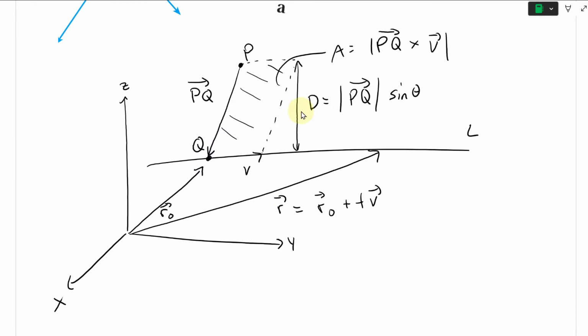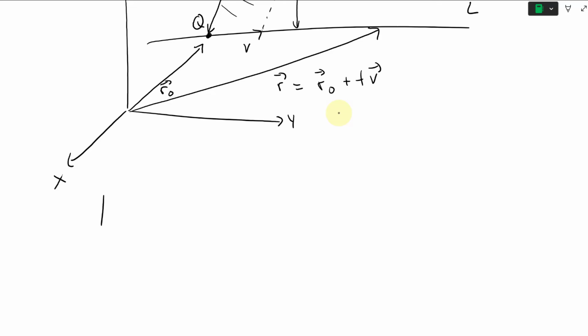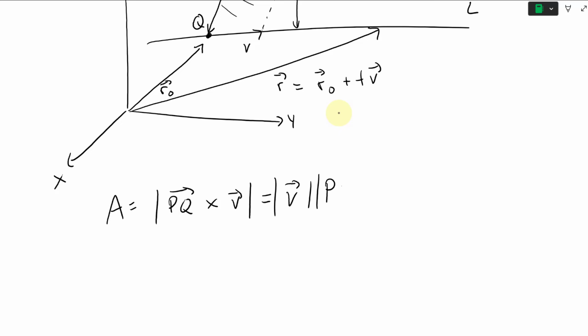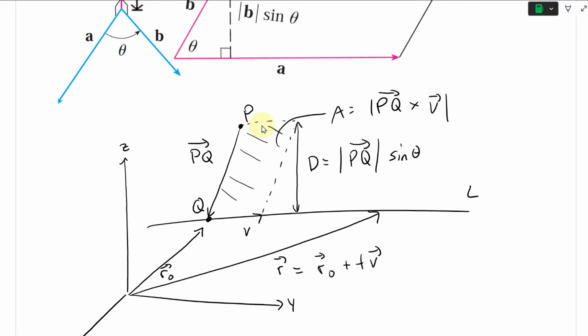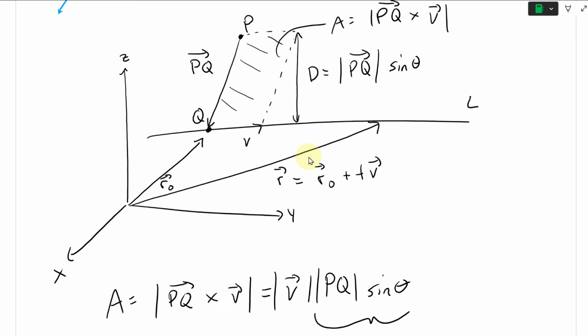So that means we can solve for this distance D. Area equals PQ vector cross V vector, and this equals the length of V vector times the distance, PQ sine theta, which is our distance D. You can view it as this component projected onto here.